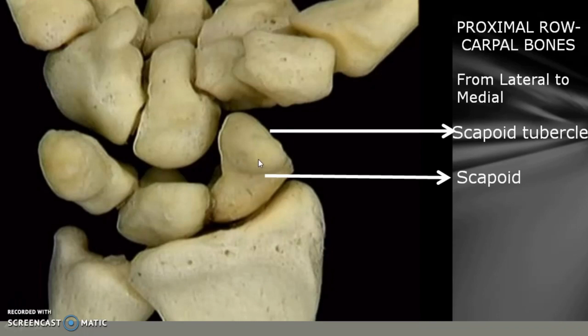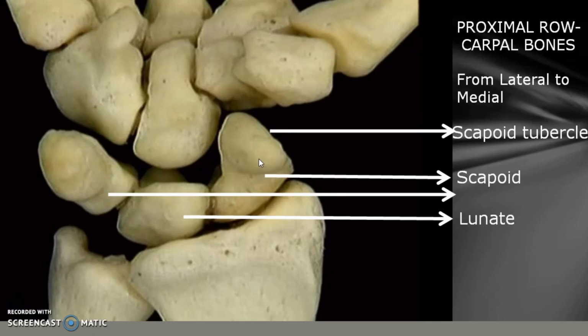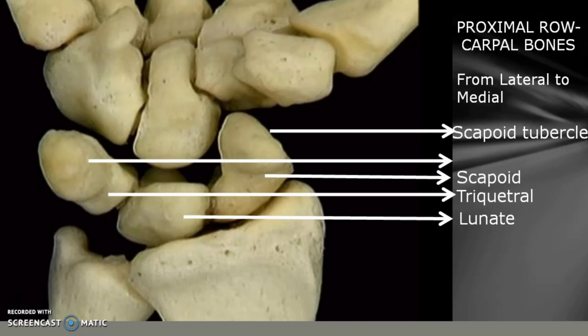So the scaphoid bone with the scaphoid tubercle is the first bone you are seeing, and the second bone is the lunate, and the third bone, which is present medial to the lunate, is the triquetral, and the fourth bone, which is present near the medial aspect of this triquetral, is the pisiform bone.